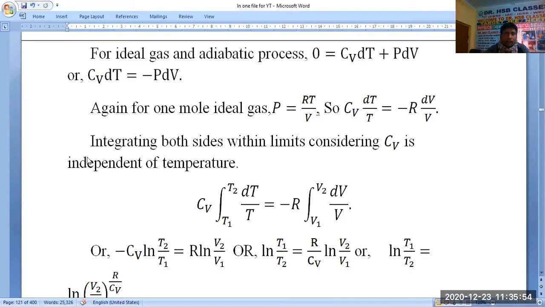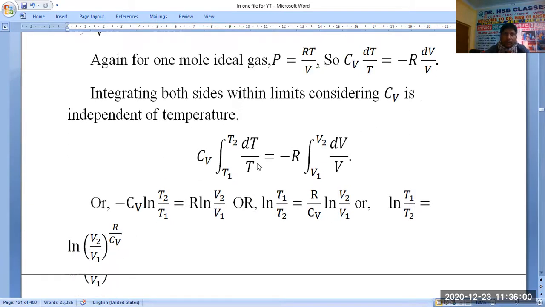Now integrating both sides within limits, considering Cv independent of temperature, that is, T1 to T2 dT by T and minus R, V1 to V2 dV by V. Here the integral gives ln V and here ln T. So minus Cv ln T2 by T1 equals R ln V2 by V1.